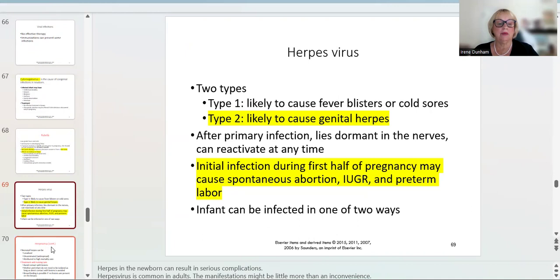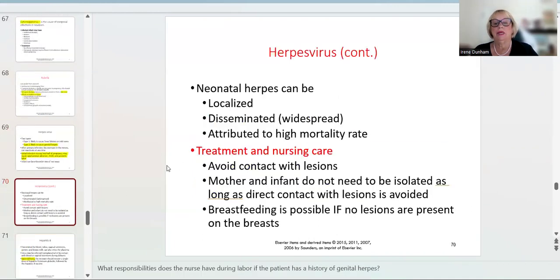It can kill the baby. So we want to make sure we know if she has an outbreak and we can see it. Now, she can breastfeed if no lesions are present on the breast, because you can get herpes on your breast. So you have to make sure she doesn't have it.